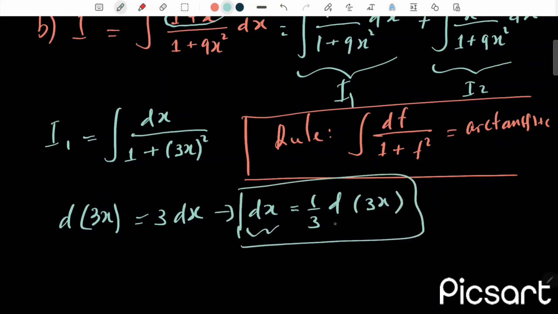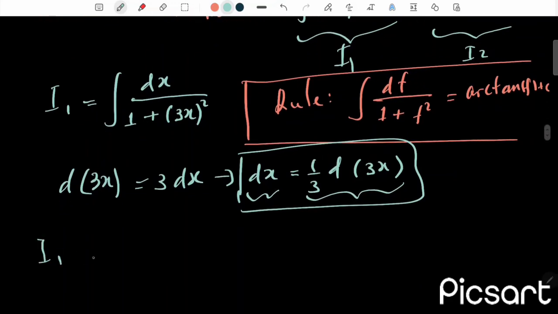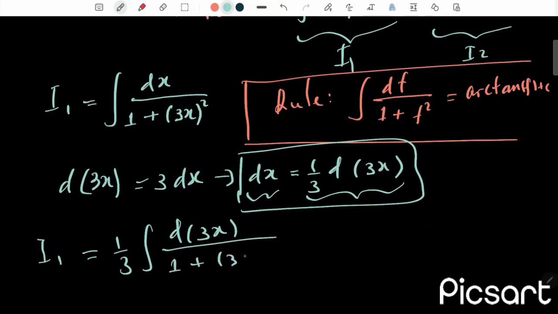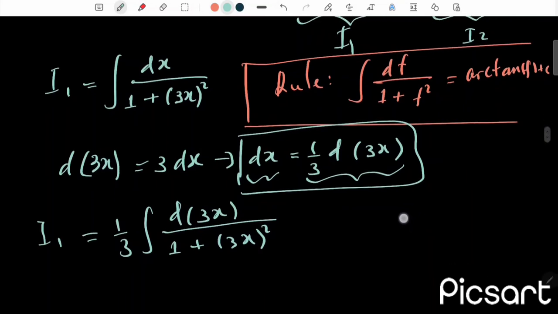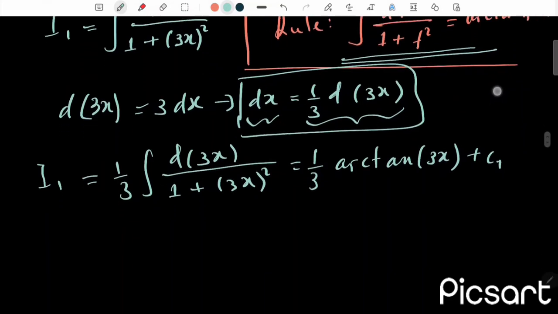We substitute this term, and we have I1 as 1 over 3 times the integral of d(3x) over 1 plus (3x) squared. And we can apply this technique, and we get 1 over 3 arctan of 3x plus c1.